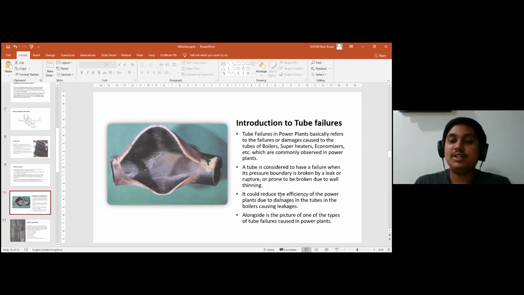Apart from reducing the efficiencies, these could sometimes be very dangerous because people working there might get hurt while dealing with it.